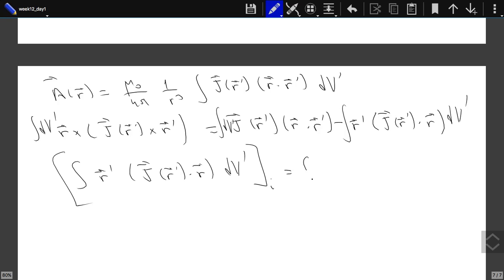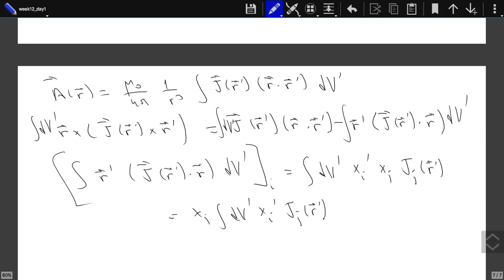This is equal to the integral over the volume of x_i prime x_j j_j evaluated at r prime. Now I can take that x_j out because it's independent of the coordinates of r prime. x_j, x_i prime j_j of r prime.